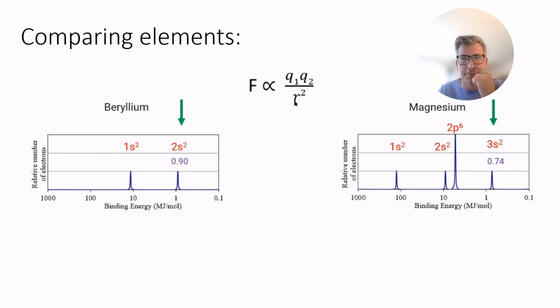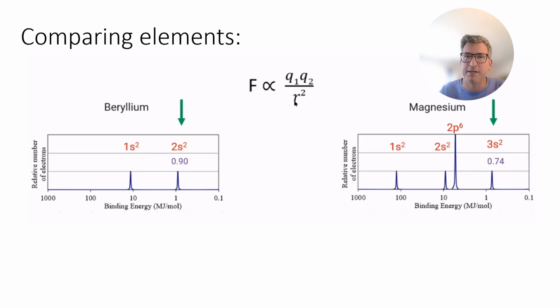Now, that also brings back to, okay, well, what about charge? Because the charge of a beryllium nucleus is only positive 4. So if we consider an electron to be negative 1 and the nucleus to be positive 4 for beryllium, versus the magnesium, which has a positive 12 nucleus that electron is attracted to, why doesn't that make the magnesium's valence electrons held more tightly in place?